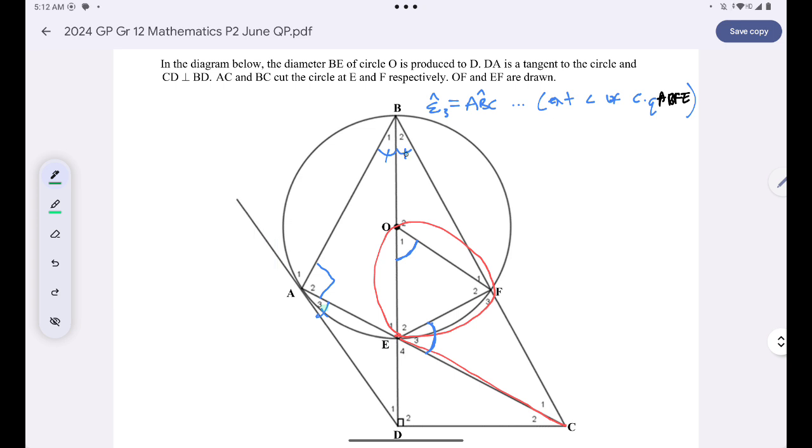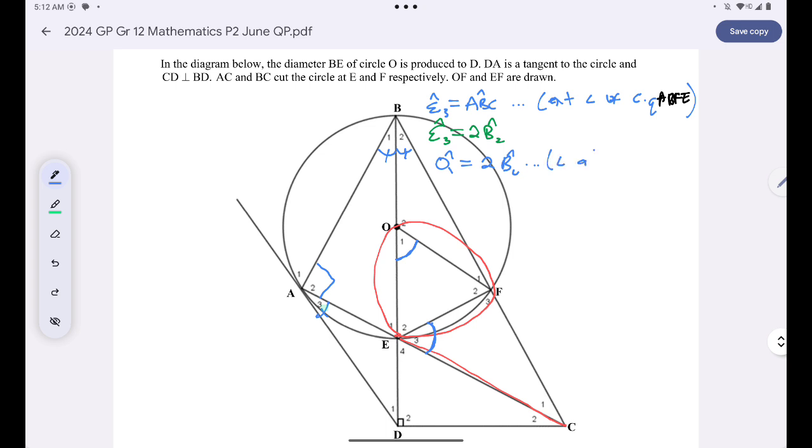Since I know that angle APC is made up of angle B1 plus B2, but both of those angles are equal, I can simply say angle E3 is 2 times angle B2. Are we together? Now O1 is 2 times angle B2. Why am I saying this?